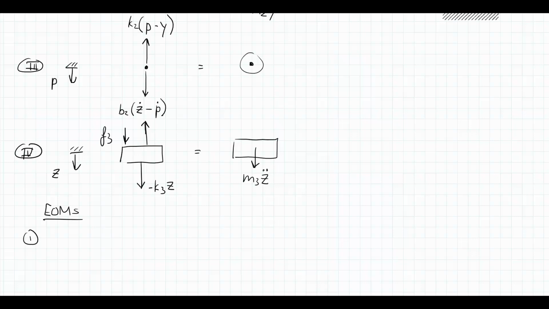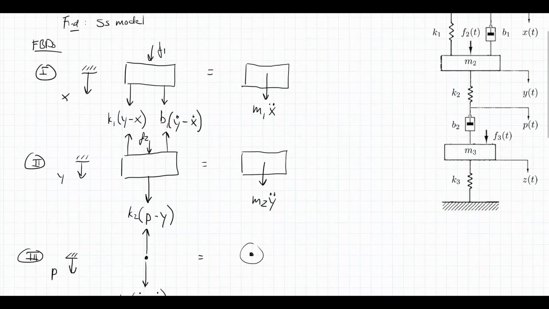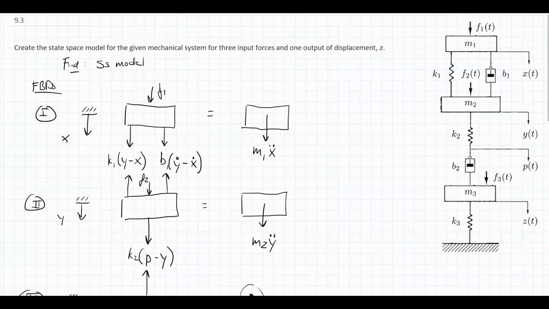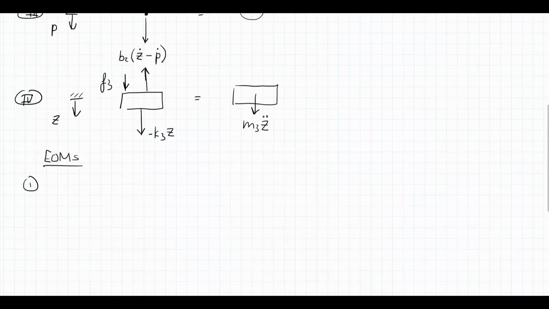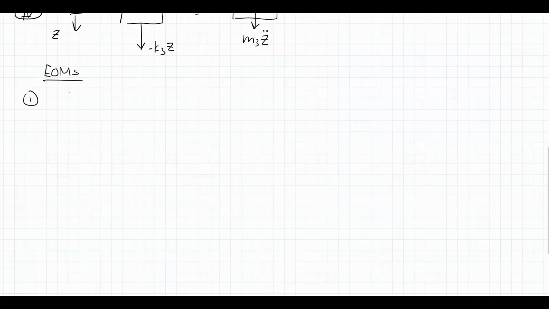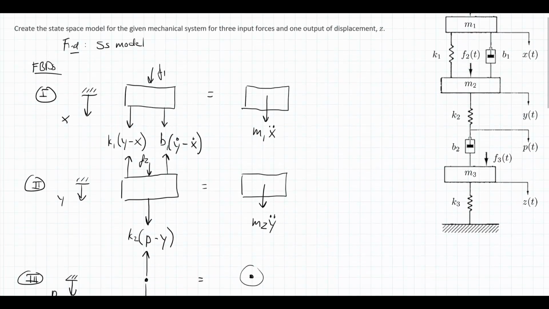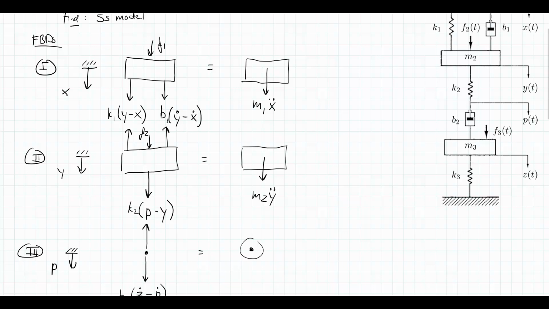So equation of motion 1 will come from our top picture. So we'll sum forces in the x direction. So free body diagram 1, so sum of forces in free body diagram 1 in the x direction equals. So scrolling back up here, we have 3 forces acting. I'll start with the spring and then the damper, and I'll put the forces last. So K1 (y minus x).